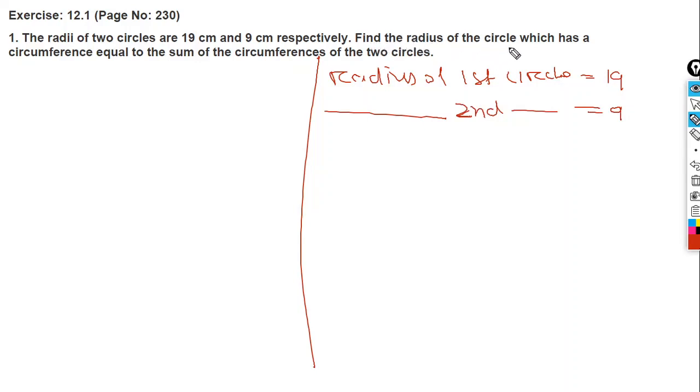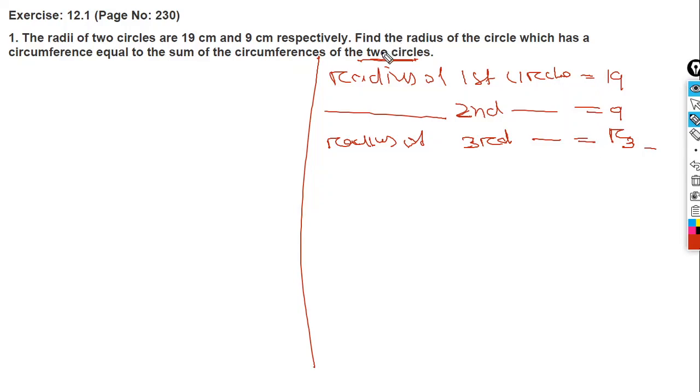Find the radius of the circle which has a circumference equal to the sum of the circumferences of these two circles. So we have another circle. Radius of the third circle, which we don't know, will be equal to, say suppose r, or you can say r3. If it will be r1, it will be r2, third circle will be r3.